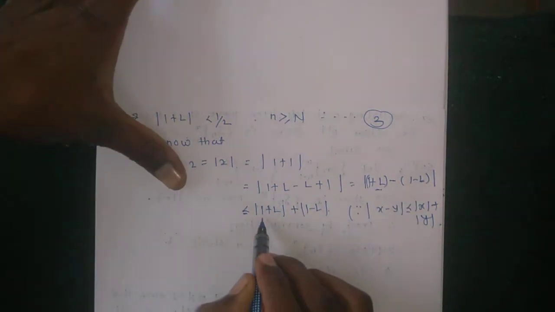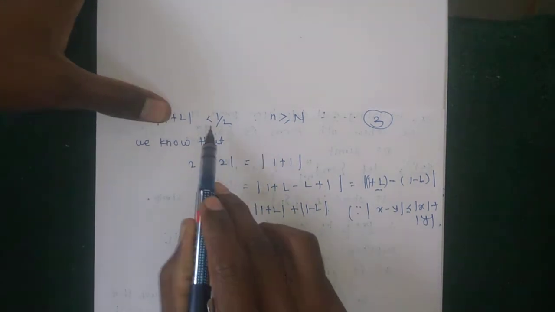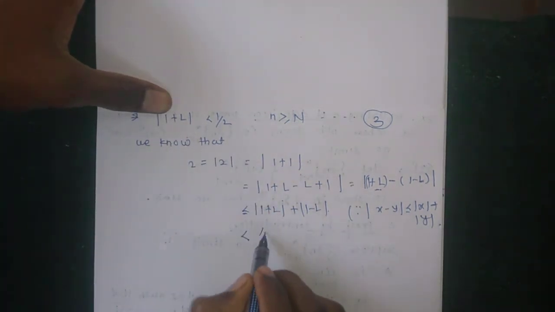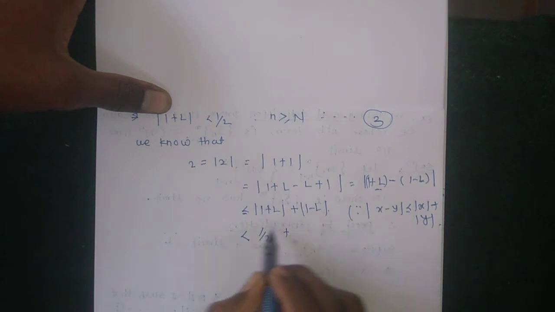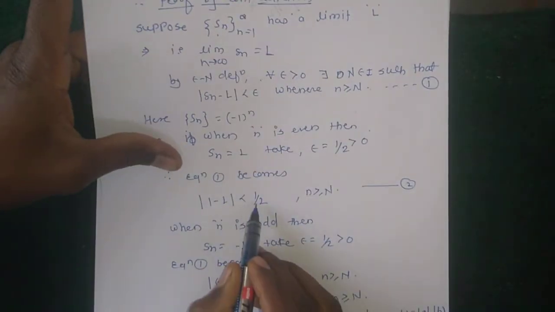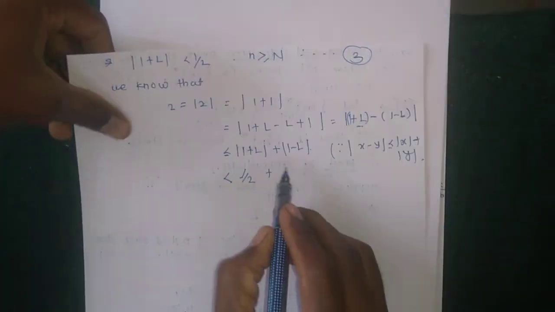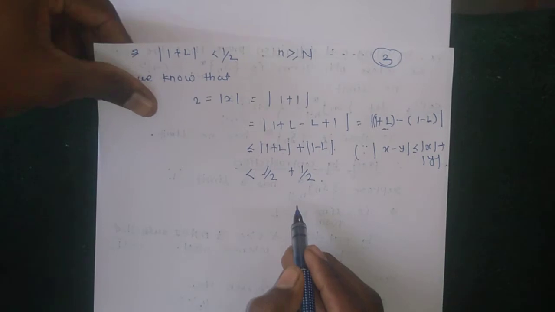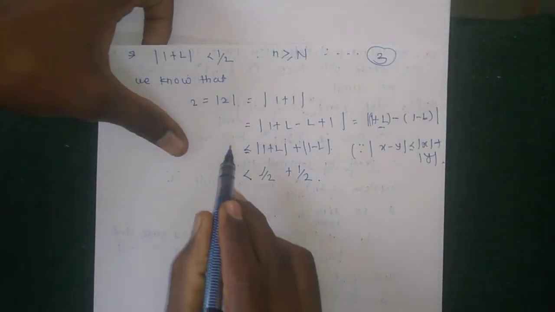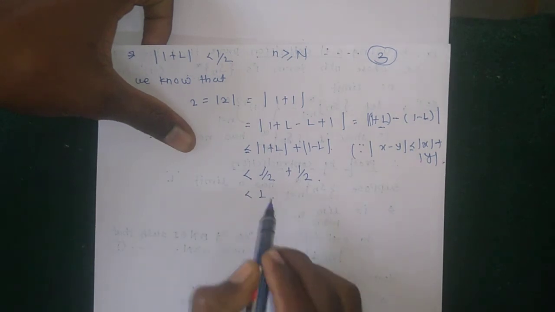So the value of 1 plus L is strictly less than 1 by 2, plus the value of 1 minus L. From equation 2, the value of 1 minus L is strictly less than 1 by 2. So putting their values, 1 by 2 plus 1 by 2 is equal to 1.